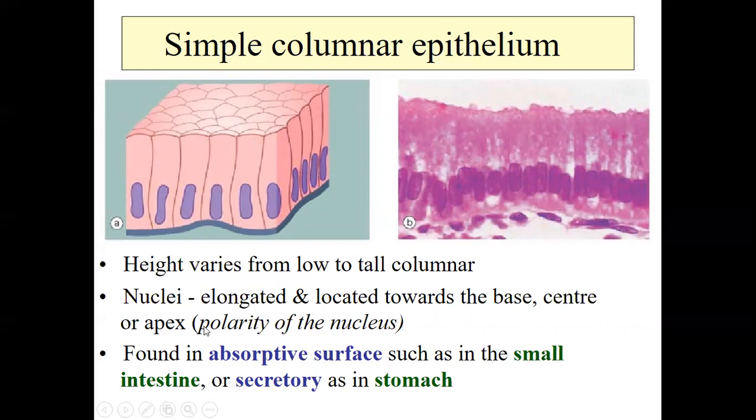So this gives the polarity of the nucleus. The simple columnar epithelium can be found in absorptive surfaces, as in the small intestine, or secretory surfaces, as in the stomach. Here in the intestine, it is more in the absorptive function, but in the stomach it is for secretion.